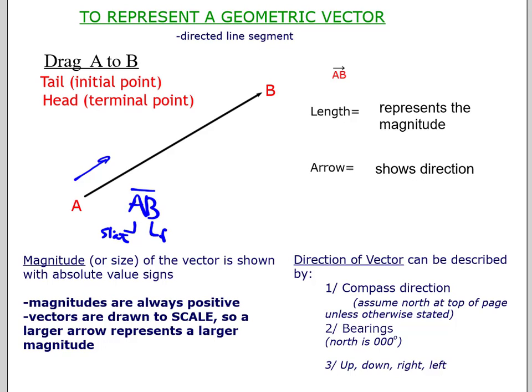This is where you finish. The length of the vector represents the magnitude, and the way the arrow is drawn represents the direction. Magnitudes are always positive, and vectors are drawn to scale, so a larger arrow represents a larger magnitude. We talked about that already.